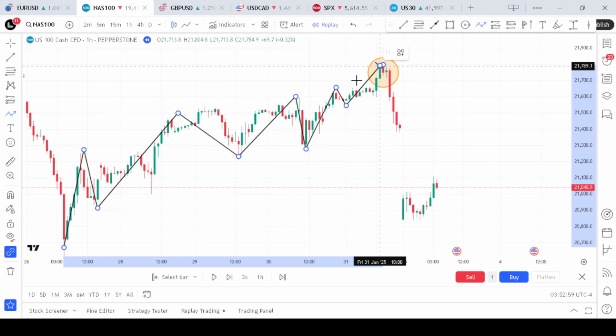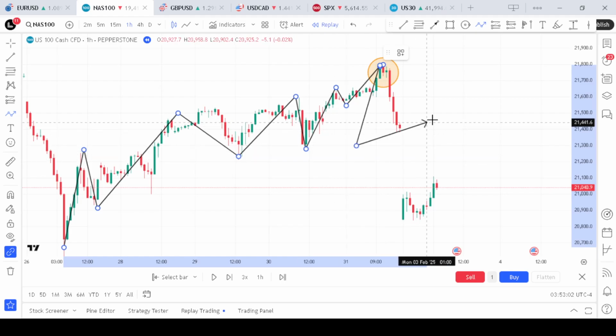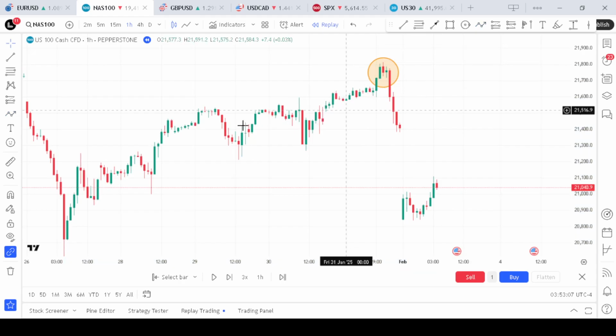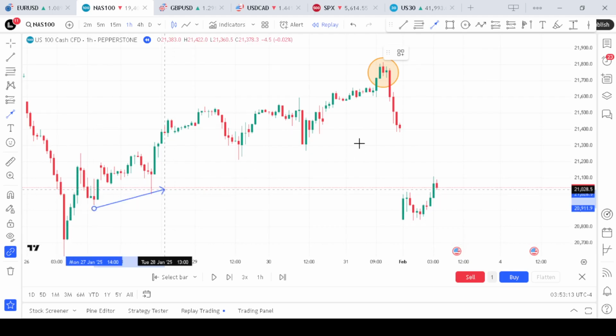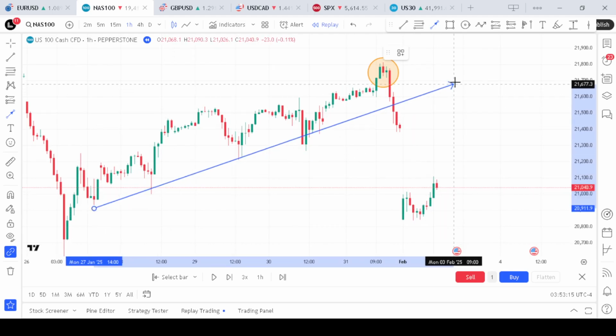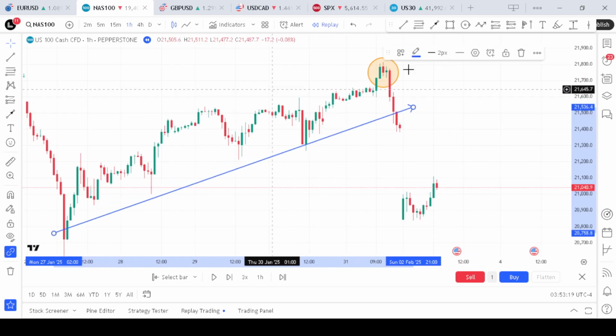As we can see, we have confirmed that our first step, identifying that the market is in a bullish trend, is done. I can even draw my trend line to further confirm that yes, our market is in a bullish trend.